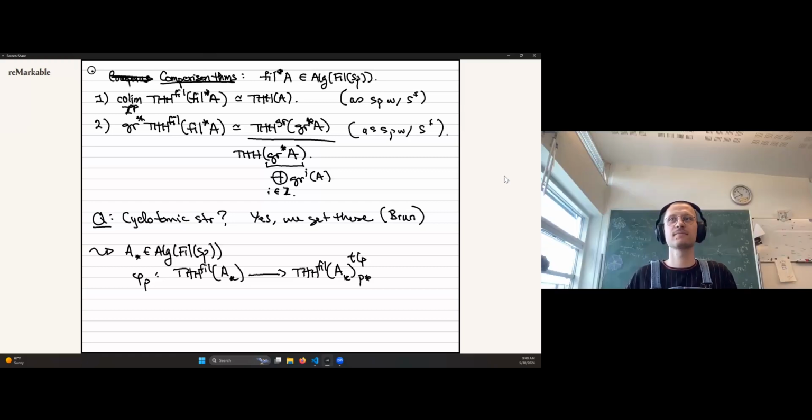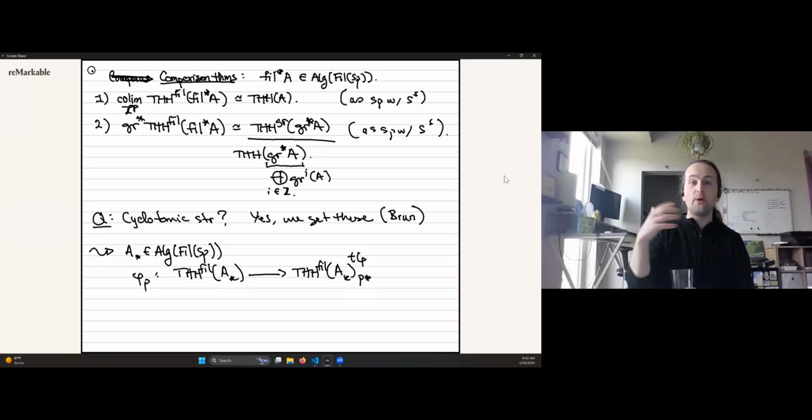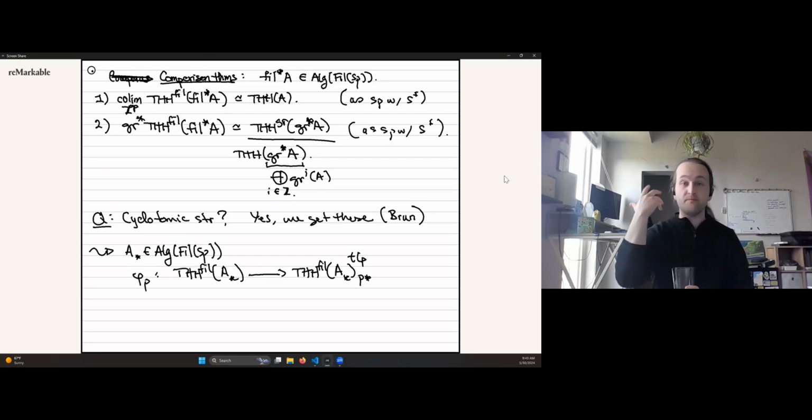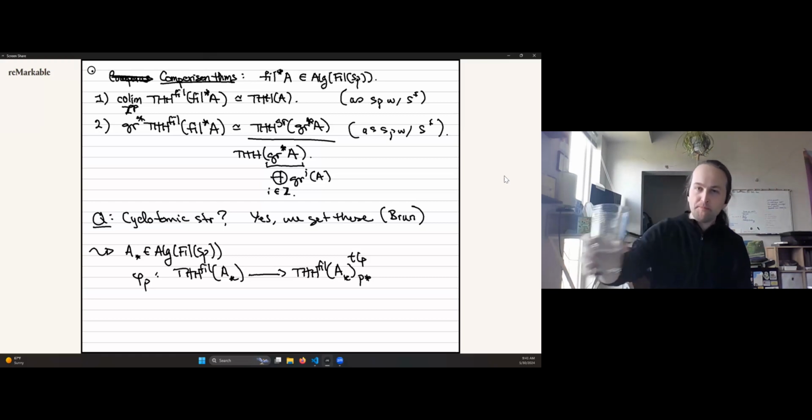Nice. Okay. For instance, though, this fails pretty miserably if you start to throw in things like homotopy fixed points or Tate or TC or things like that. And so you don't have these nice comparison theorems. You have to add extra conditions in order to get the answers that you want at the end. Thank you.